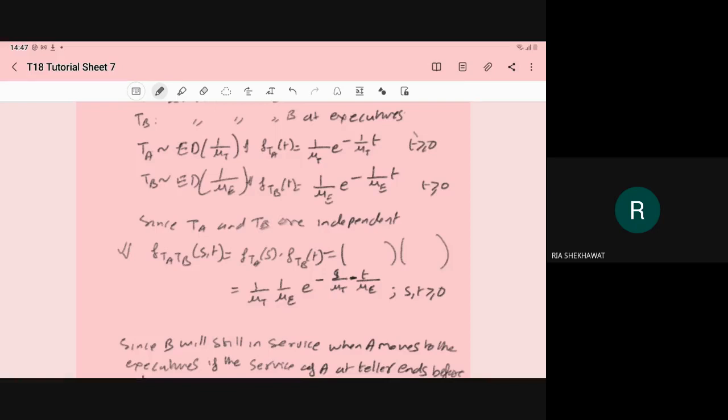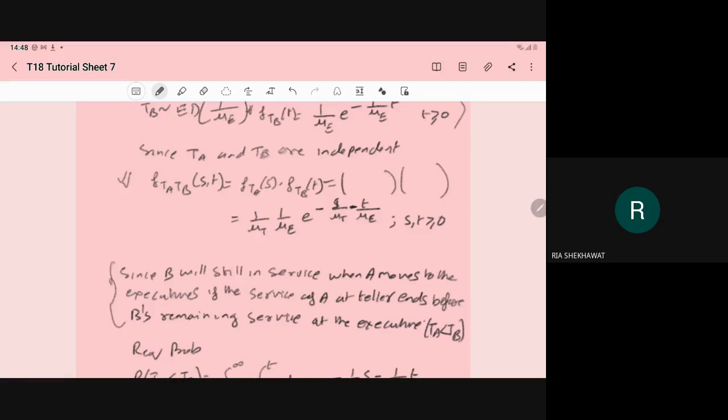When we multiply these two, it becomes 1 upon mu t into 1 upon mu e e to power s upon mu t minus t upon mu e, for s and t greater than or equal to 0.